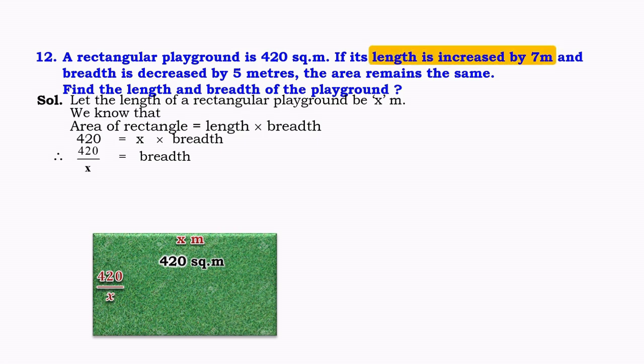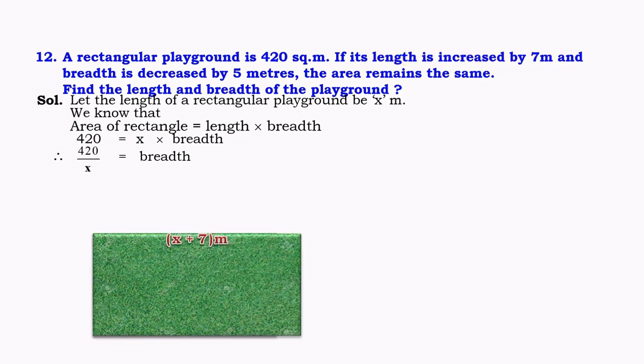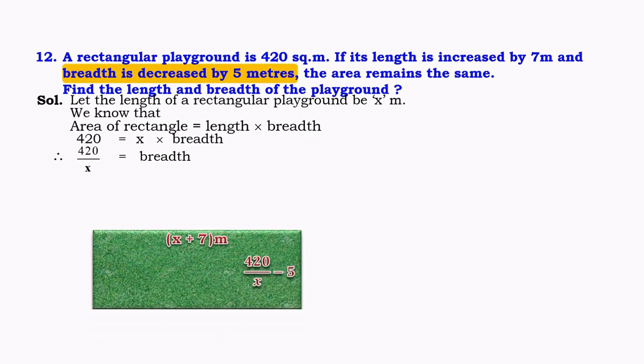According to the question, the length is increased by 7 meters. Therefore, the new length becomes x plus 7 meters. The breadth is decreased by 5 meters. Therefore, the new breadth becomes 420 divided by x minus 5 meters. The important point is that the area remains unchanged.